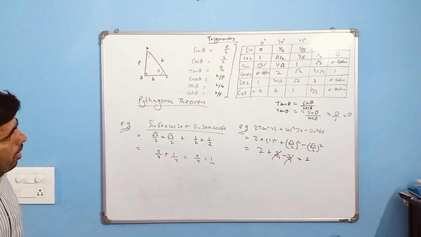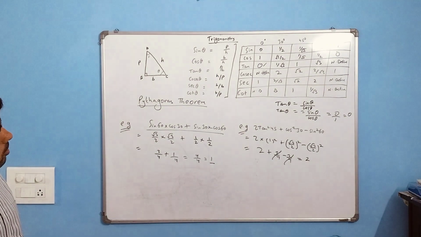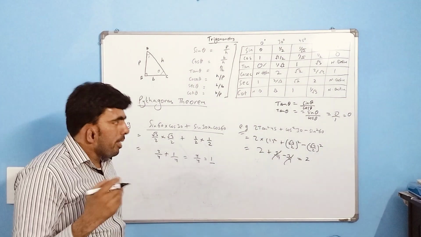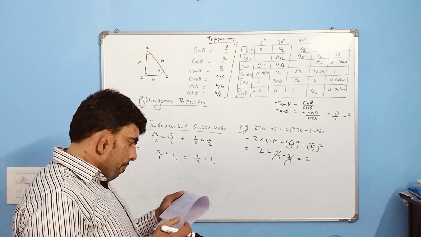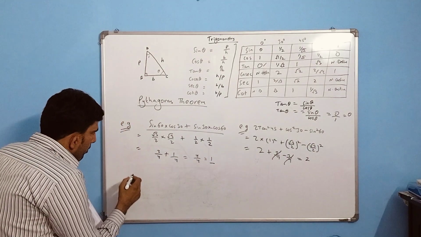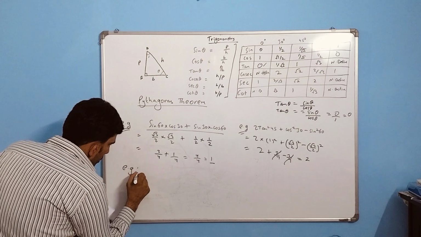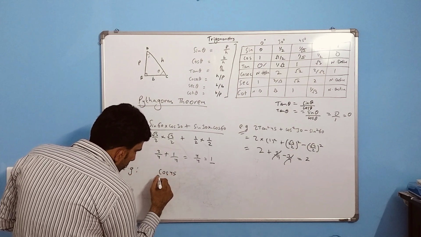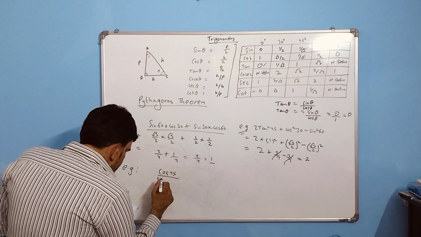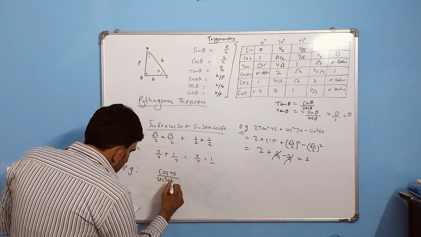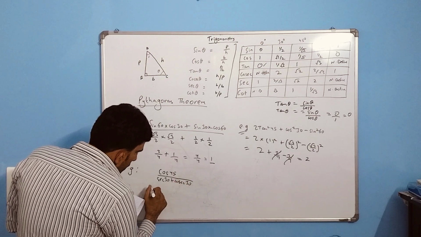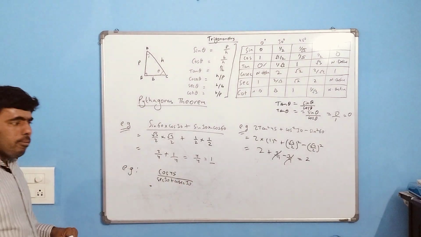Okay, so that is how this table will be applied in such types of examples. So that is how you can easily do it. Let's see one more example so that it will be more clear to you. Cos 45 upon sec 30 plus cosec 30. Now, what is cos 45?